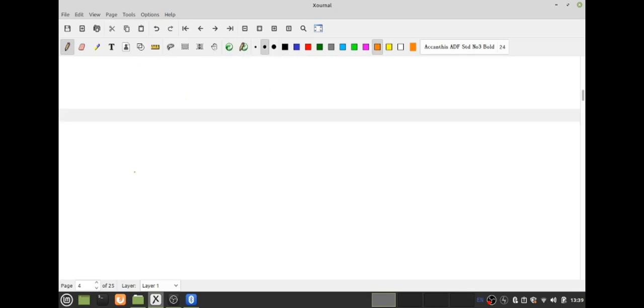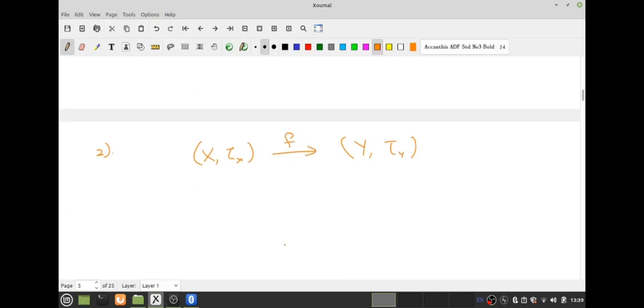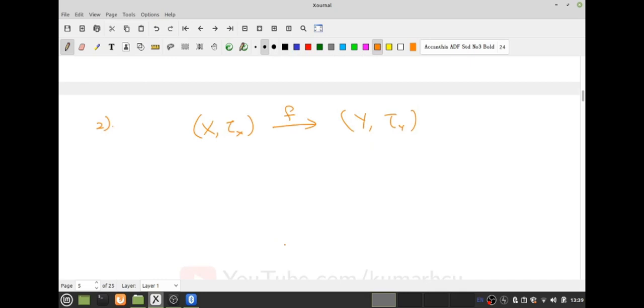And the second is that I want to prove something very interesting. Now suppose I have (X, tau X), the same thing, and (Y, tau Y), and F is a function. Now something very interesting happens.